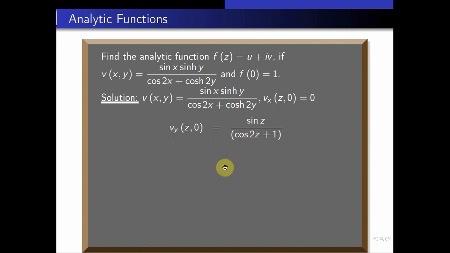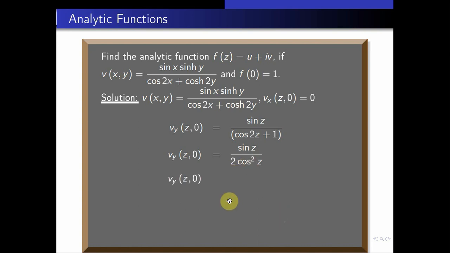We know the formula cos 2 theta is equal to 2 cos square theta minus 1. So 1 plus cos 2 theta is equal to 2 cos square theta. So I can write sin z by 2 cos square z.